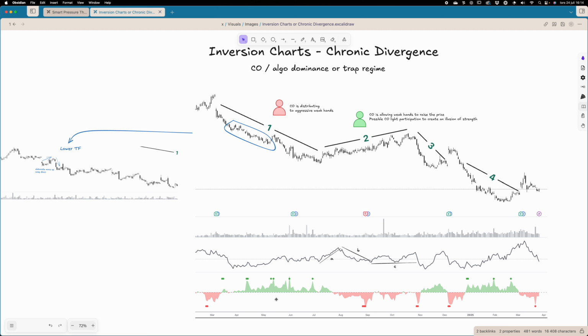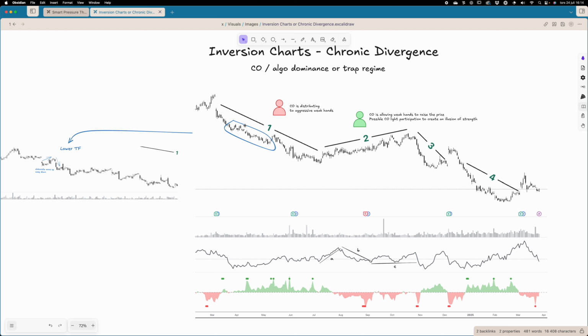So what we can take away from this is that pressure does not necessarily lead to any type of result. It is simply tension, and it will be resolved at some point later on.